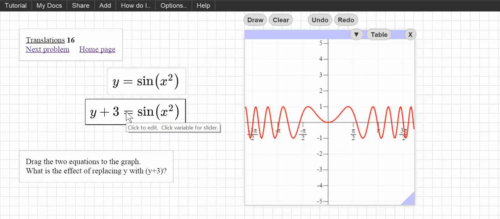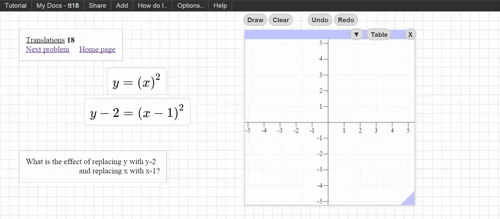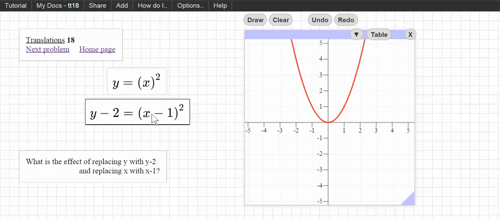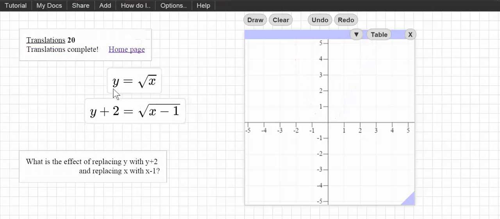They simply need to predict what happens when we replace y with y plus 3. And near the end, students will need to know how to predict what's going to happen when x is replaced with x minus something and y is replaced with y minus something. There are 20 problems in translations. When they've completed translations, they should go to the home page.